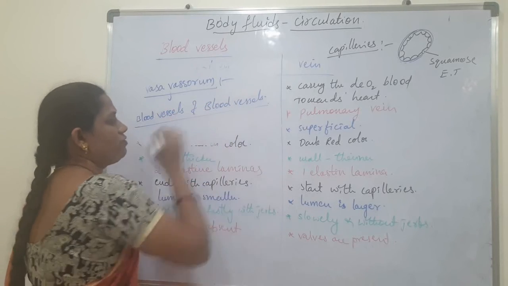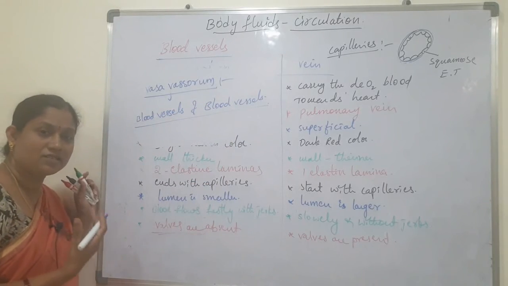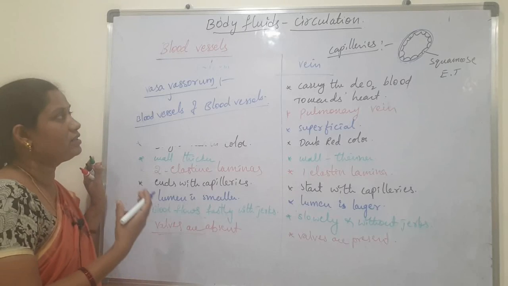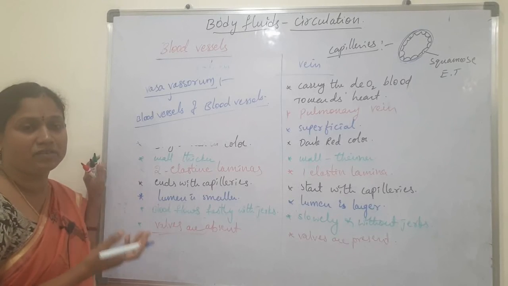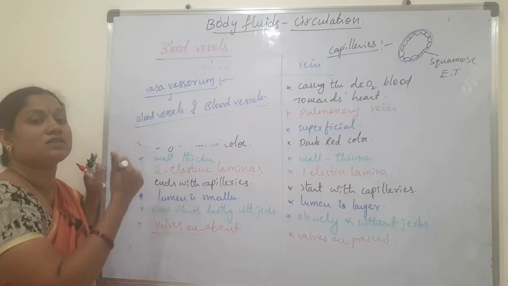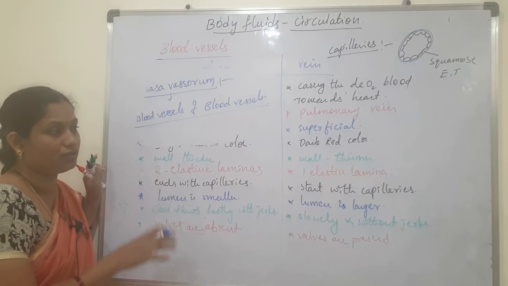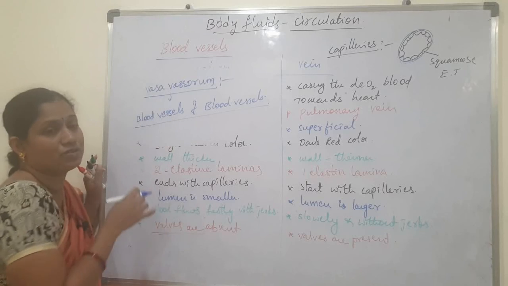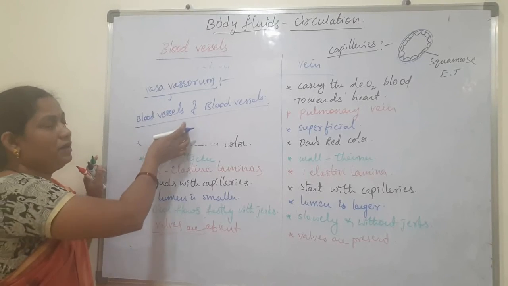Normal blood vessels, arteries, veins and capillaries, supply the blood to different parts of the body, and the blood vessels themselves also need a blood supply. So the vasa vasorum supply the blood to the blood vessels.